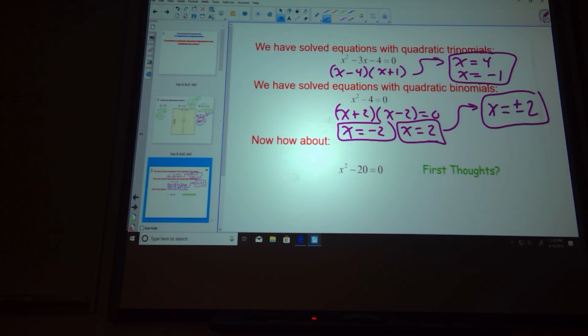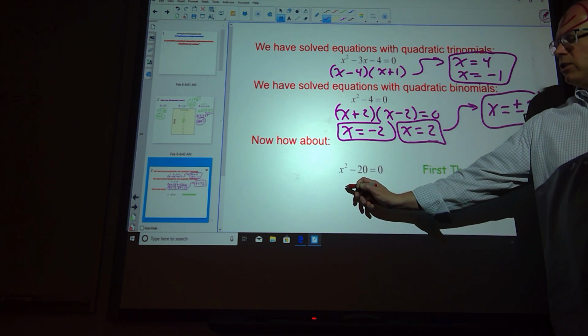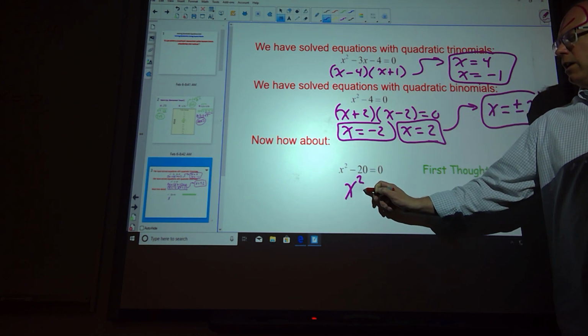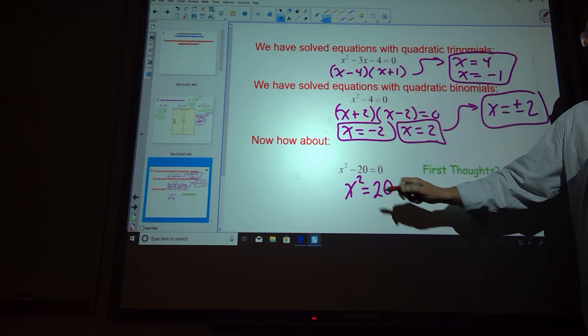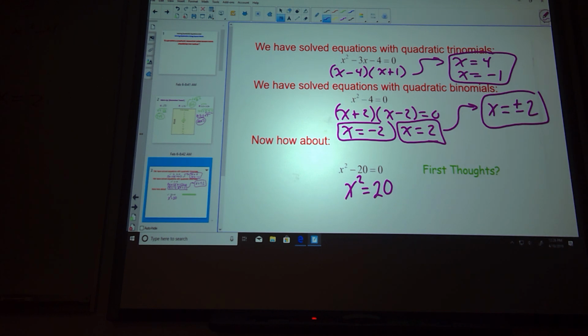All right, so now we get to this next one. I have x squared minus 20 equals 0, right? And I don't think 20 is 4 times 5, but that's not really going to help me out. But let's do our next step. I'm not going to tell you what I did, but take a look. What does it look like I did to both sides?